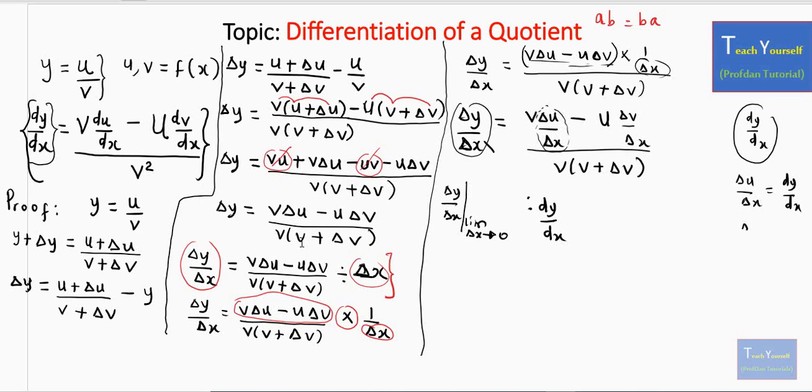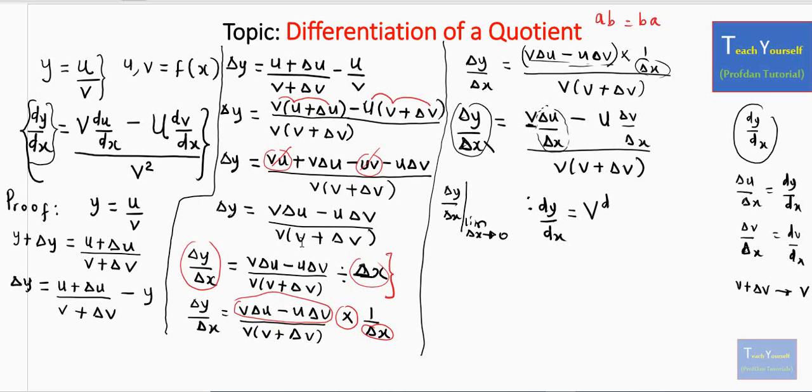The same thing, change in v over change in x becomes dv/dx. And v plus change in v also tends to become v. So applying that, dy/dx now becomes v, this variable.